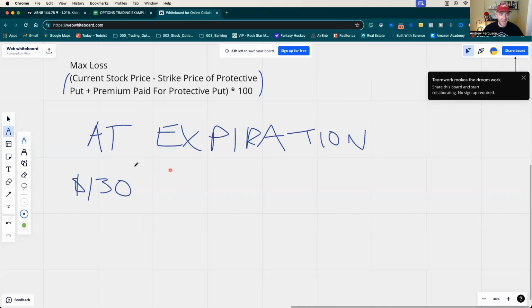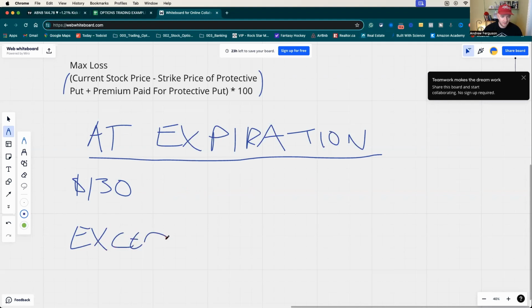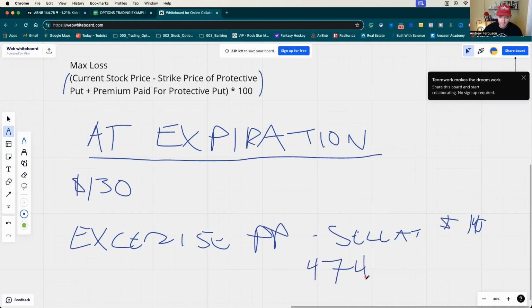So how this would look at expiration, if it was a 130 stock price for Airbnb, you would exercise your protective put, right? And that would equal selling at 140, okay? So you'd lock in a loss there of 478.